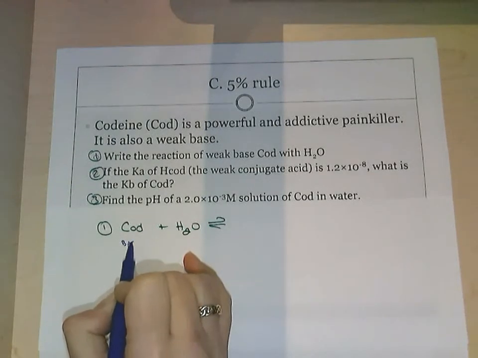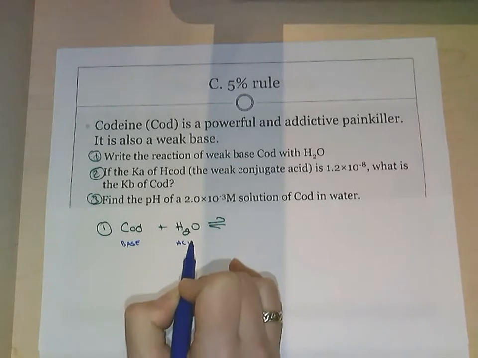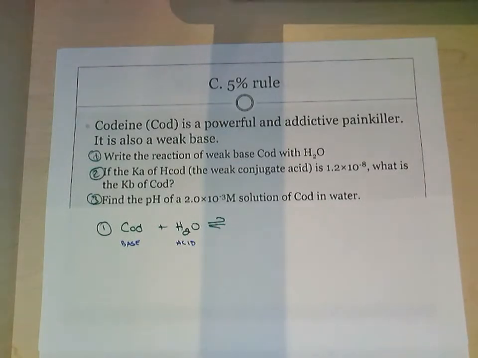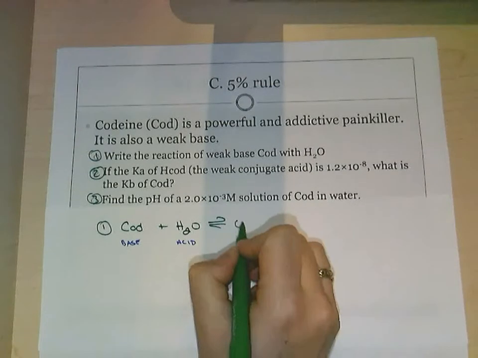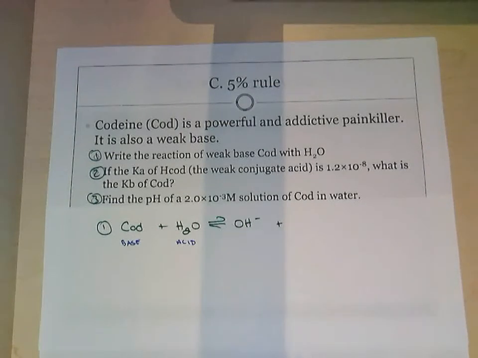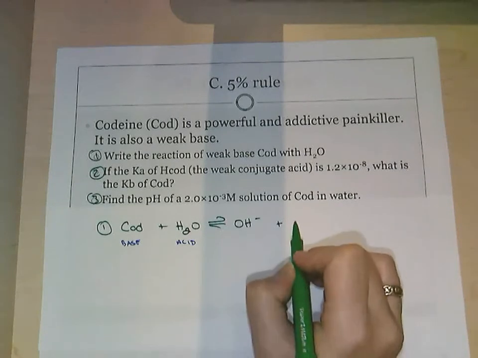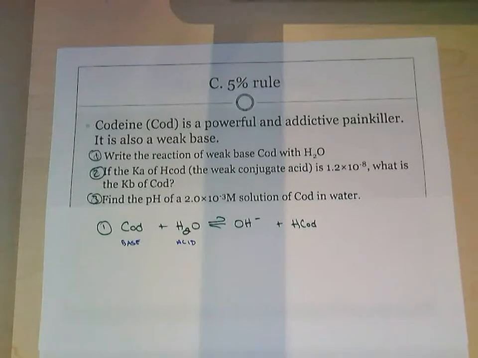Right, it's acting as the acid. So what should one of our products be for this? Right, we have to make some OH minus. And if water has become OH minus, what is my other guy? Right, HCOD+. Good.